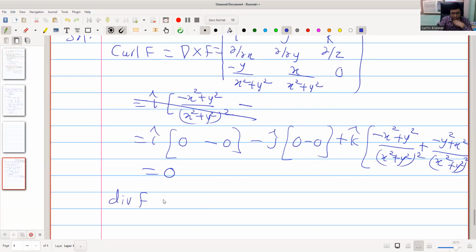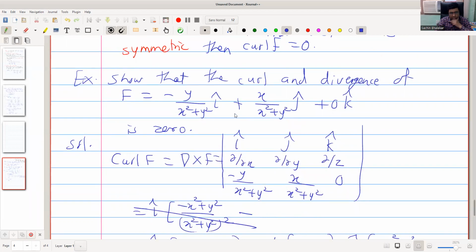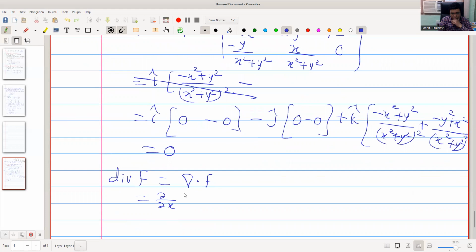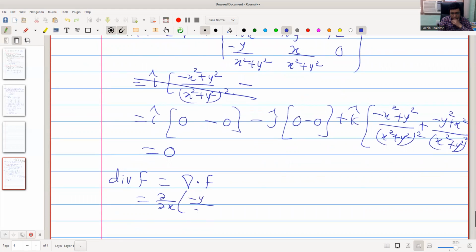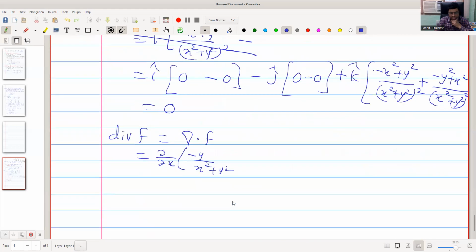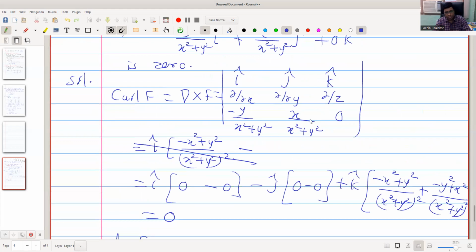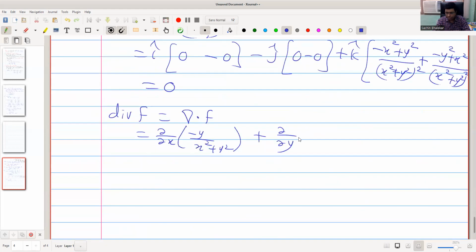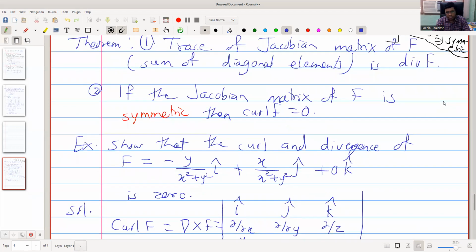So divergence of f is del dot f, and that is partial derivative with respect to x of first component of it, it is minus y upon x square plus y square, plus partial derivative with respect to y of second component x upon x square plus y square, and third quantity 0.